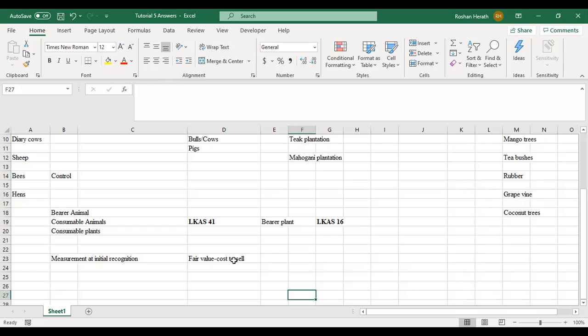Value less cost to sell. Then what about the bearer plant? It is as per LKS 16, so it must be valued at cost. That is the difference. Then how about the subsequent measurement, or I would say measurement after recognition?